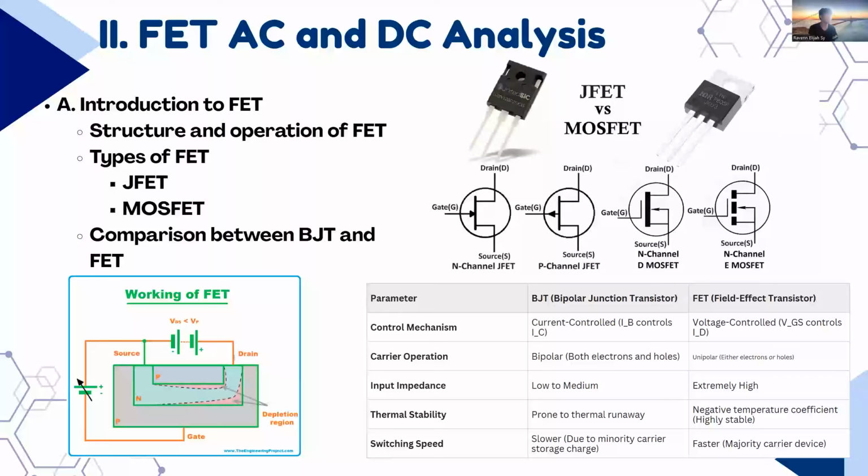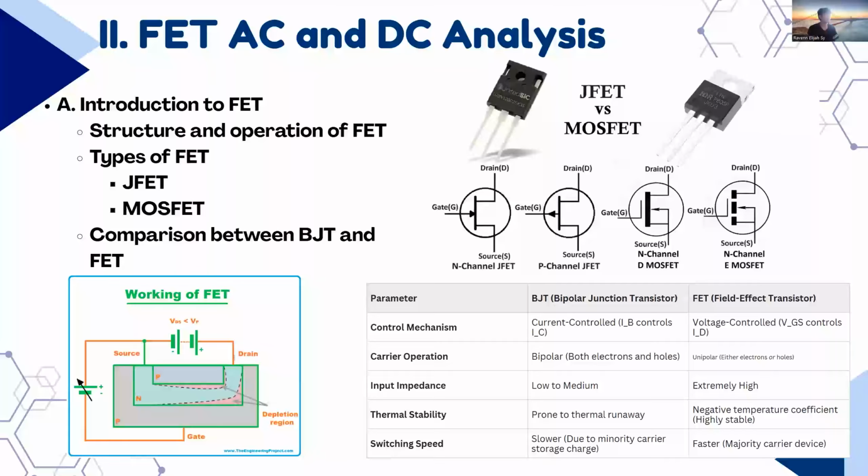The BJT relies on both majority and minority carriers, making it highly sensitive to temperature and prone to thermal runaway. In contrast, FET is a unipolar device relying on only one type of charge carrier. This structural difference yields a negative temperature coefficient, preventing thermal runaway.